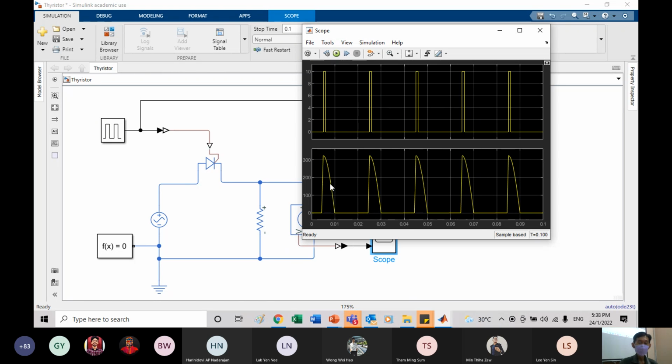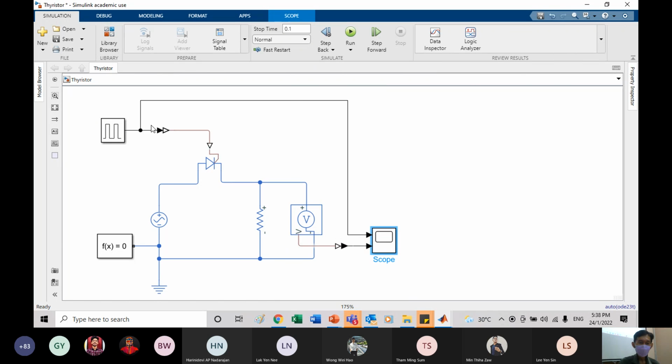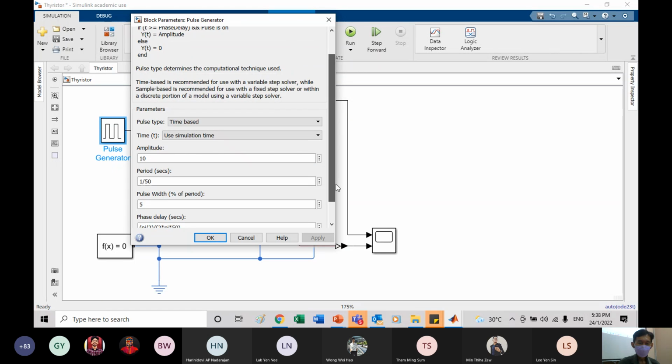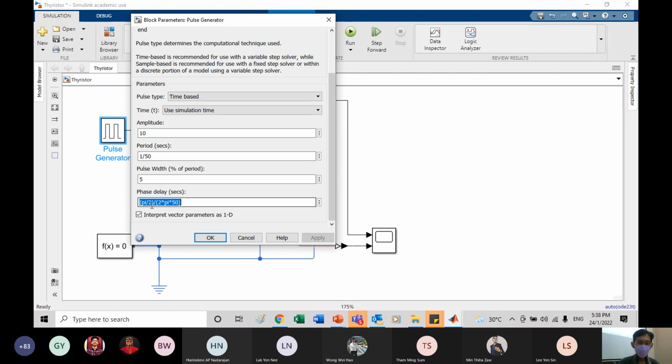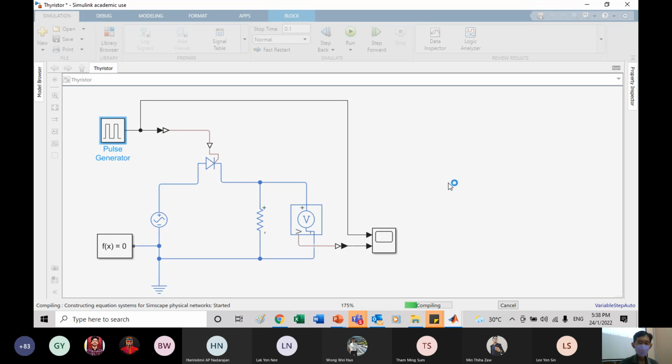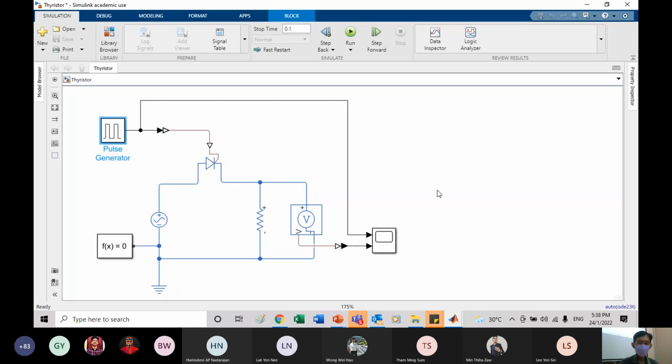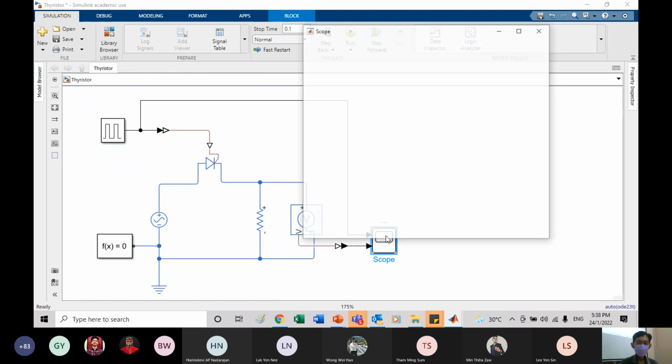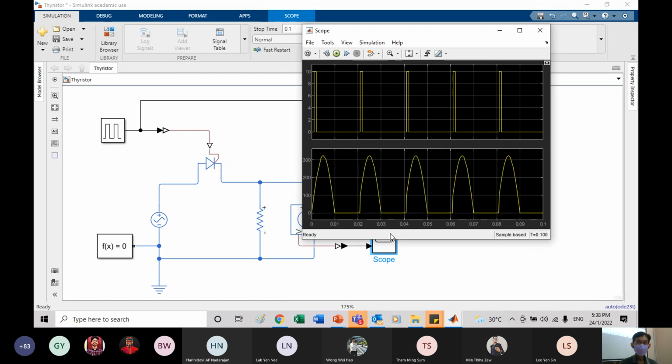So you are controlling. If I divide by, just now it was 4, let's say 10. 10 is 18 degree, very small. You almost see a half sine wave already. You see?